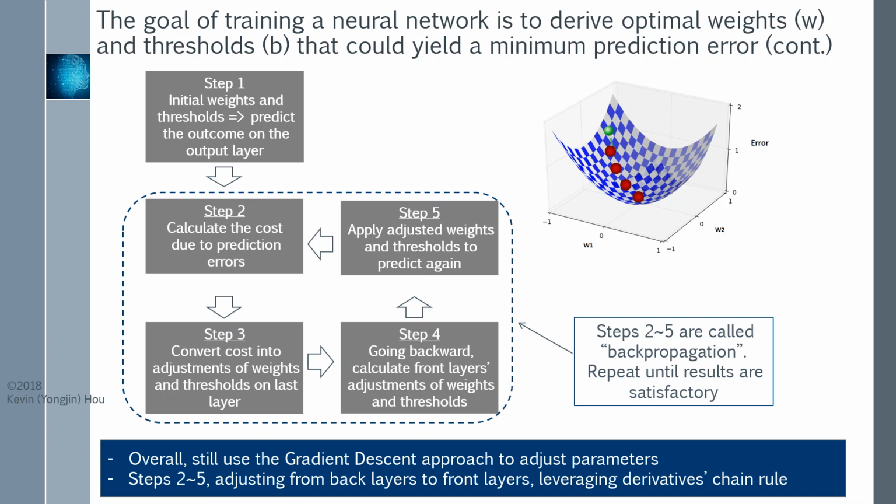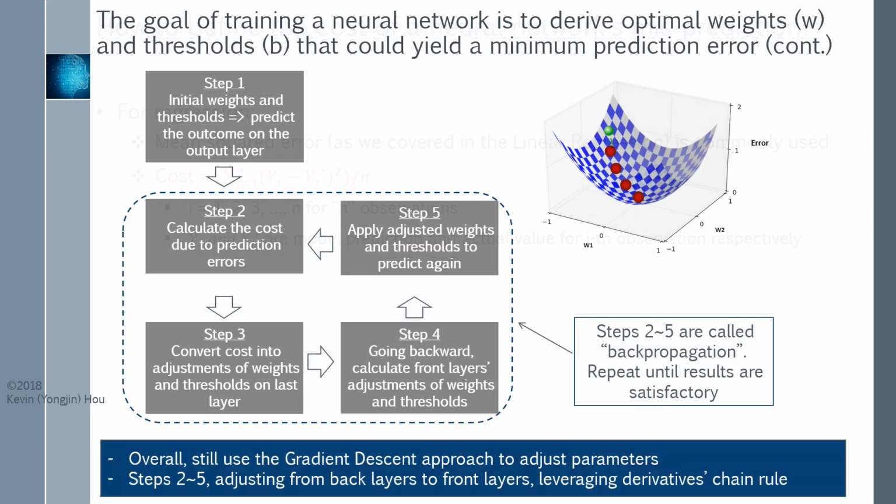We're not going into depth on how partial derivatives or the chain rule work, but just remember the approach is overall a gradient descent approach, and we leverage the chain rule to make this process efficient by going backward. That's where the name backpropagation comes from.